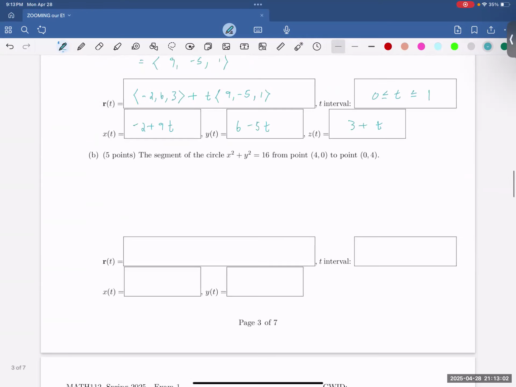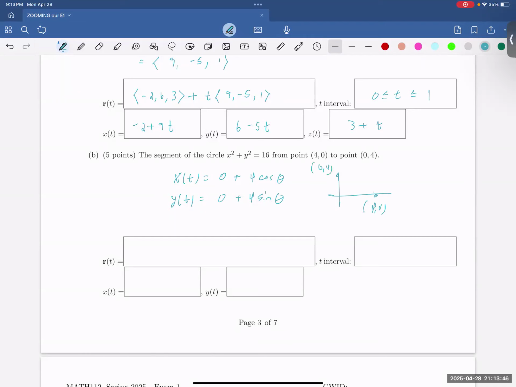Segment of the circle, that's a circle, center 0, 0 with radius 4. Okay, so center 0, 0, radius 4 for cosine theta, for sine theta, and let's see, from point (4, 0) to point (0, 4). So (4, 0) is here, (0, 4) up there.